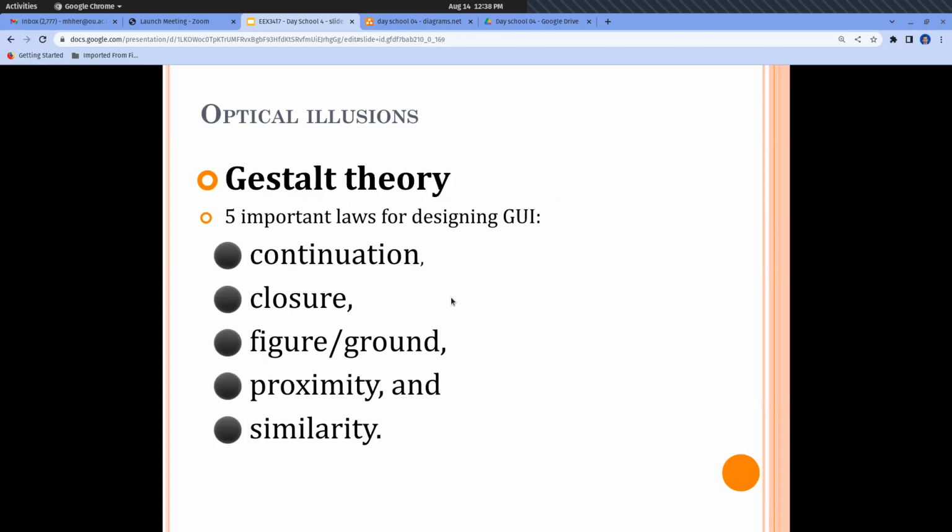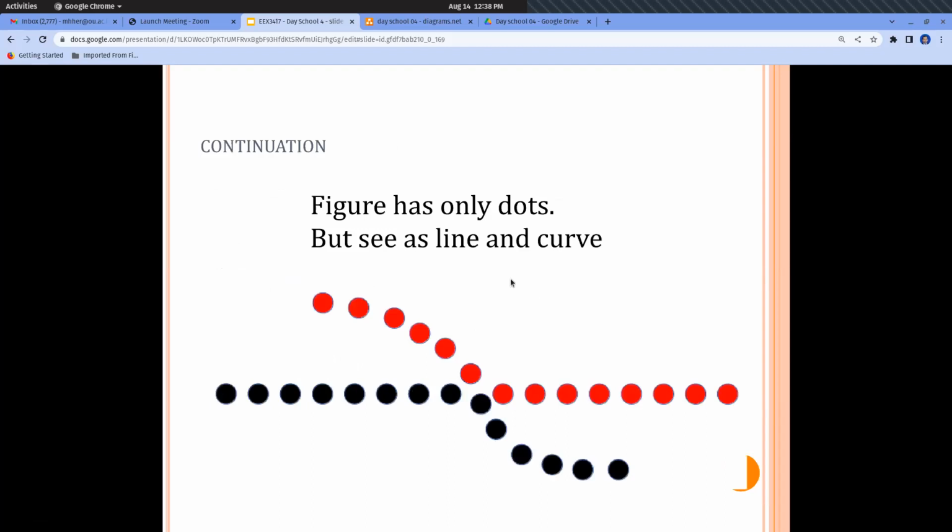This is one optical illusion, Gestalt theory: continuation, closure, figure, proximity, similarity. You see here, you can see only dots, but you think it is a line, two lines and several lines. This is like a circle, a half circle line. This is like a straight line, but these are neither straight lines nor circles, only dots.